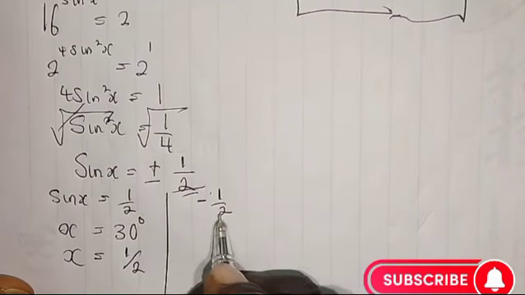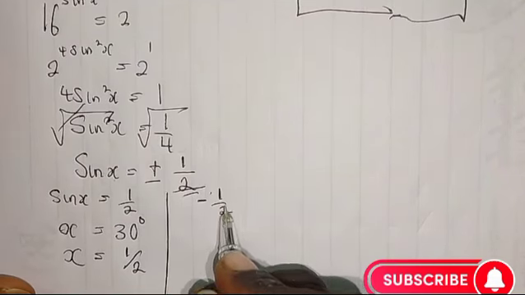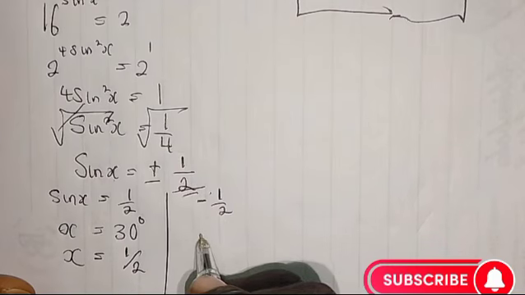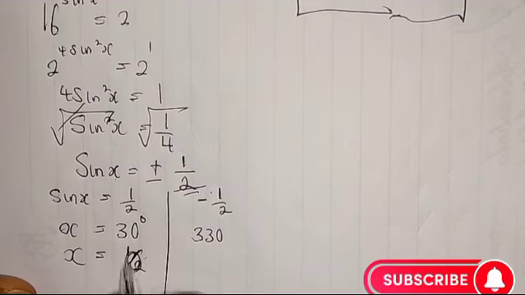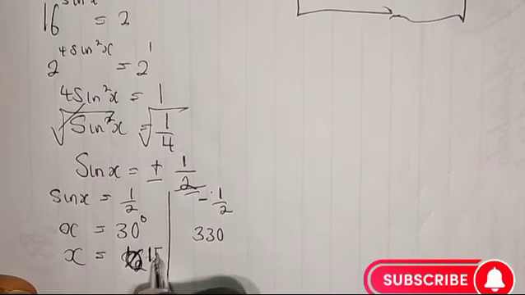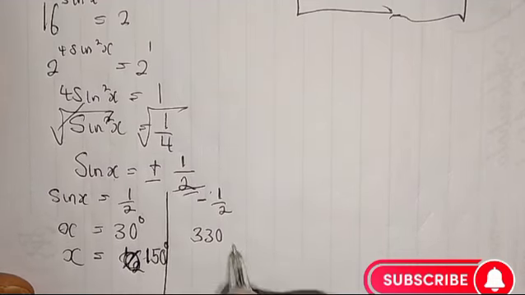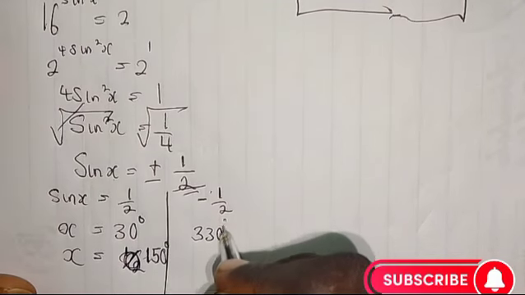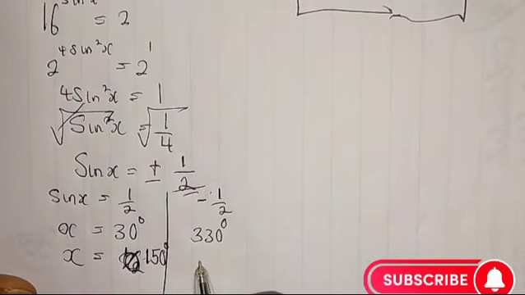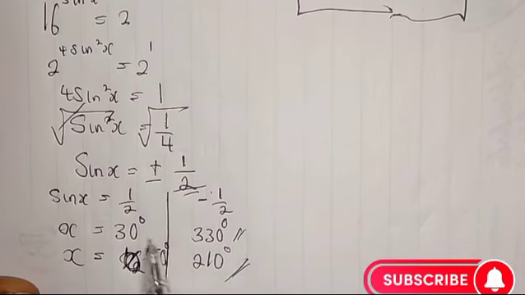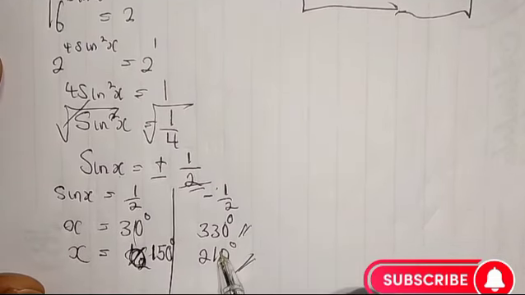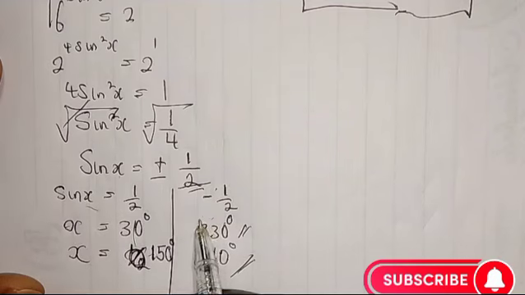So at that part, when you subtract 30 degree from 360 degree, you are going to have 330 degree. Sorry guys, I wanted to write 150 degree here. So here we have 330 degree, and also we have 210 degree. So these are the positive and negative values for x at this point, right?